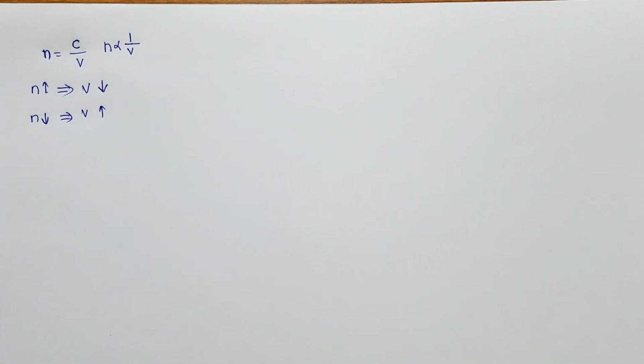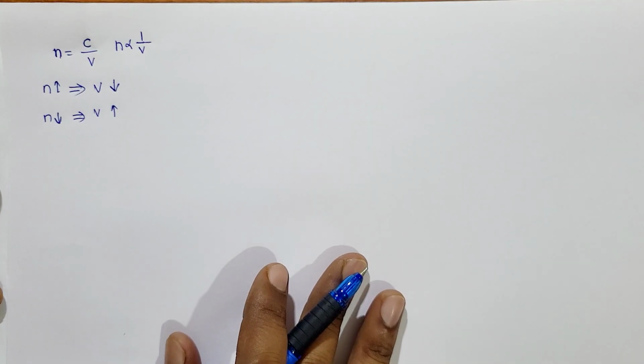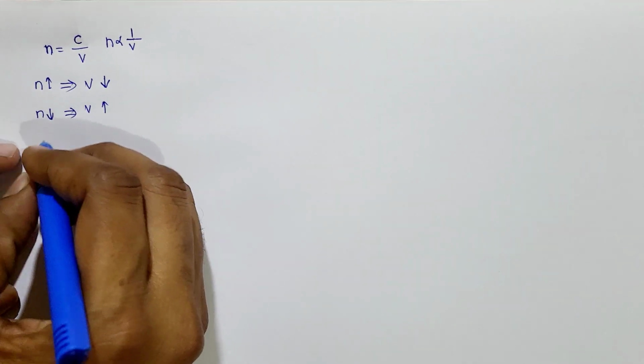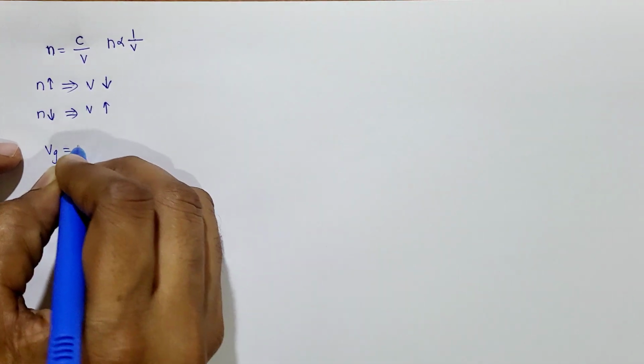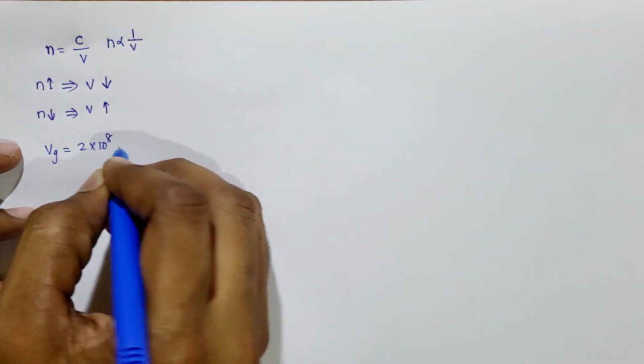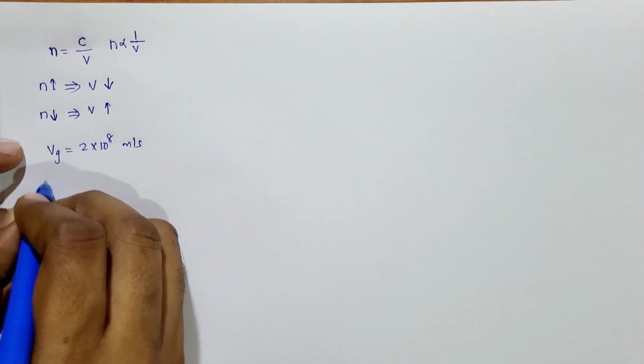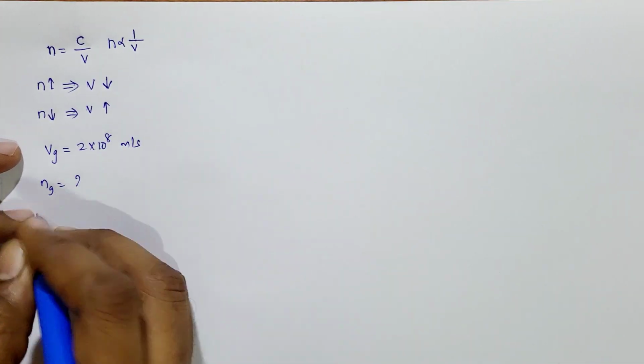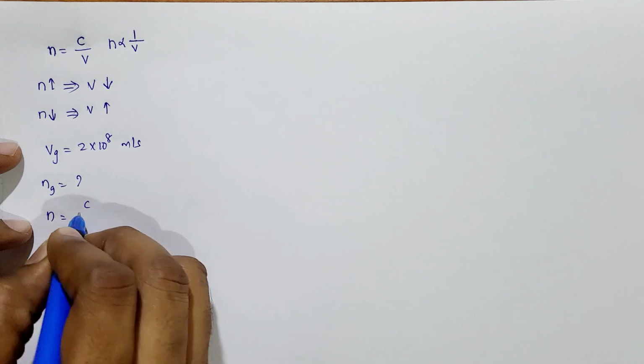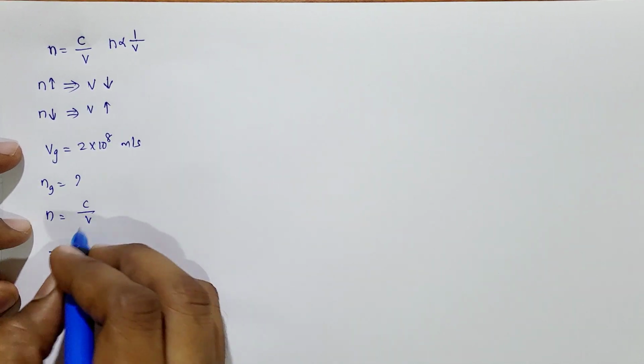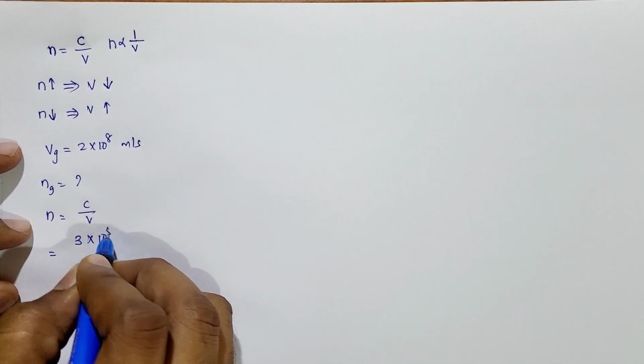So now let us take one question. Speed of light in glass is 2 into 10 power 8 meters per second. What is the refractive index of glass? What is the refractive index formula? C divided by V. C is 3 into 10 power 8.